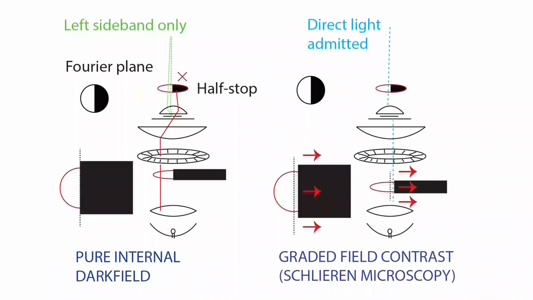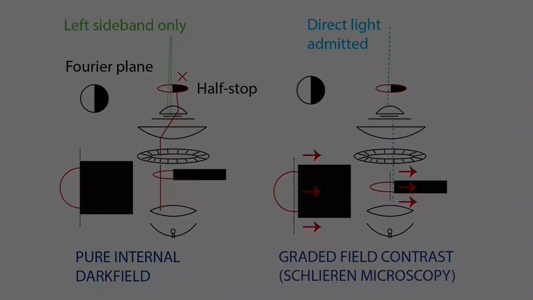A variant design adjusts the bright field component by sliding a straight edge condenser mask to form a variable slit. We can use the term variable graded field for similar multimodal methods that blend bright field with internal dark field.